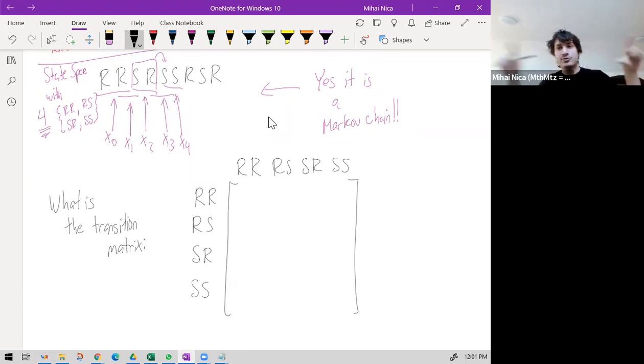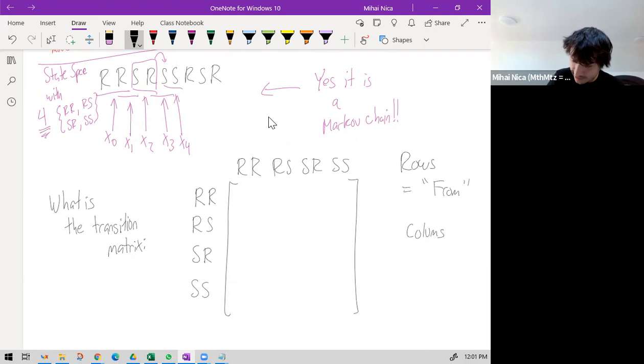And remember, the rows tell you where you are coming from. The rows are the from part, and the columns are the to part. So the columns tell you where you're going to. That is why the sum of every row is always 1, because if you're coming from RR, you have to go somewhere. So the sum of the entire row better be 1.